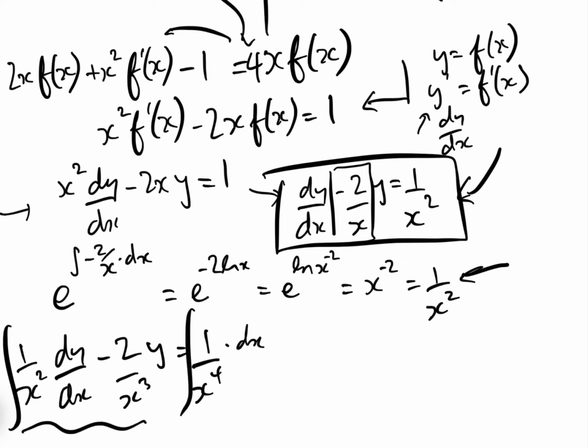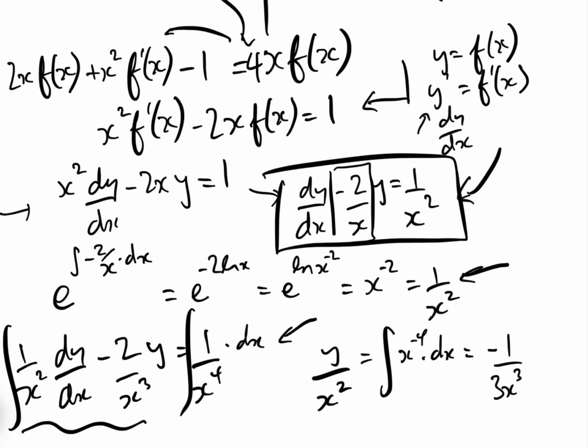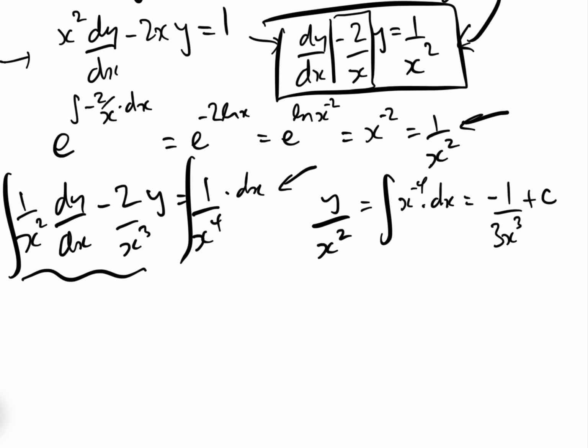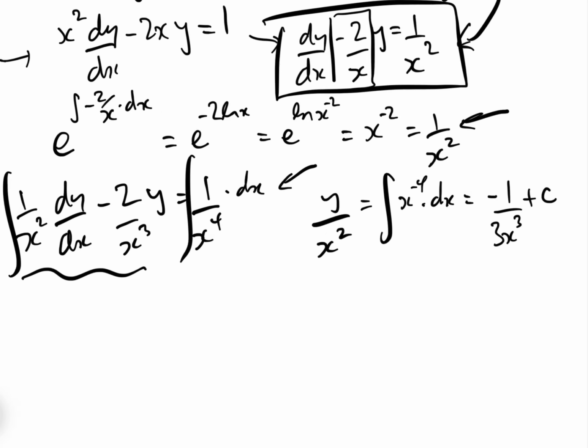Well, this we know by the product rule is y over x squared, and this side is easy: the integral of x to the minus 4 dx, which equals x to the minus 3 over minus 3, so that's minus 1 over 3x cubed add c.